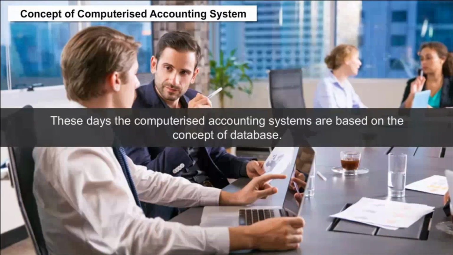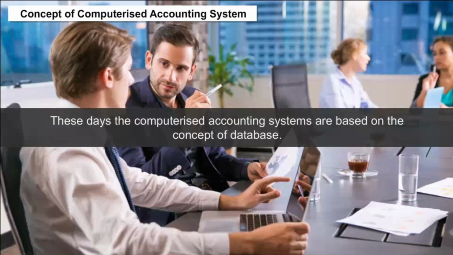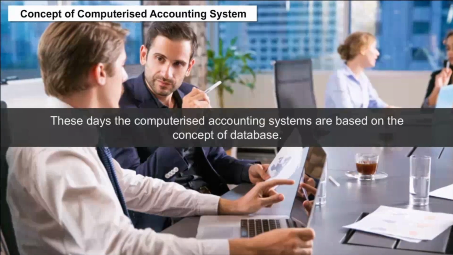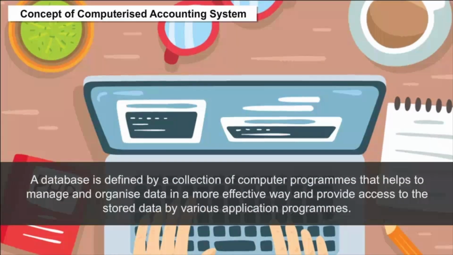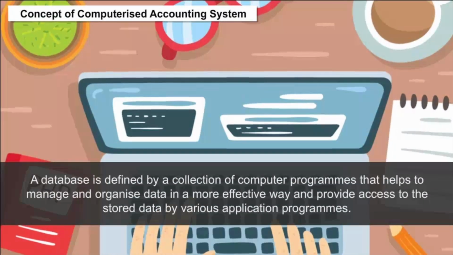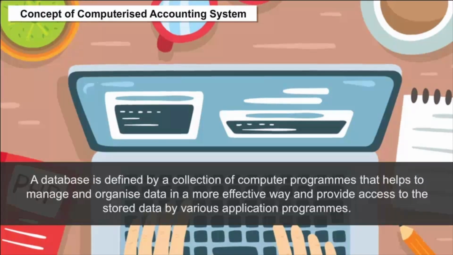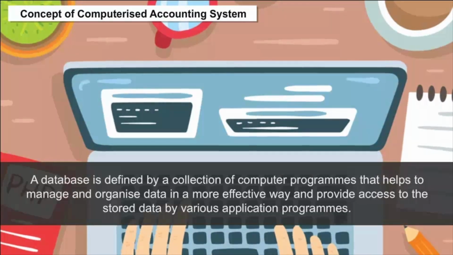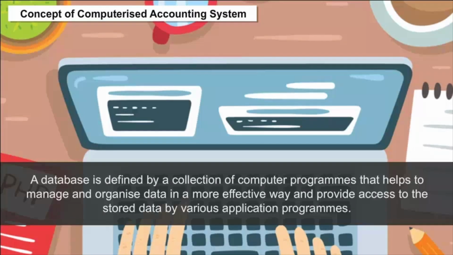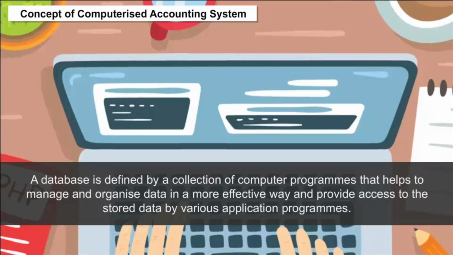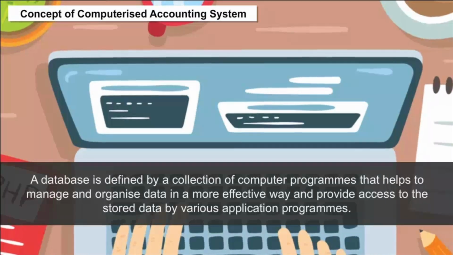These days, computerized accounting systems are based on the concept of database. A database is a collection of computer programs that helps to manage and organize data in a more effective way and provides access to the stored data by various application programs.